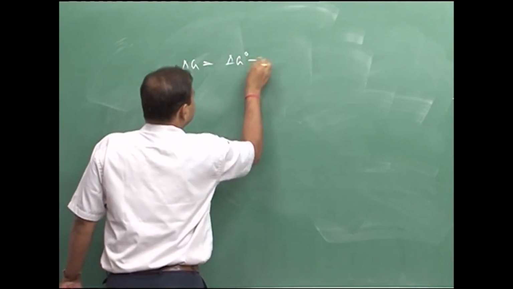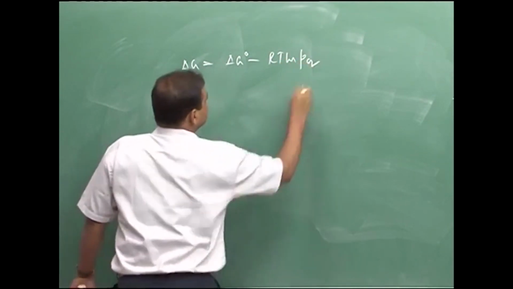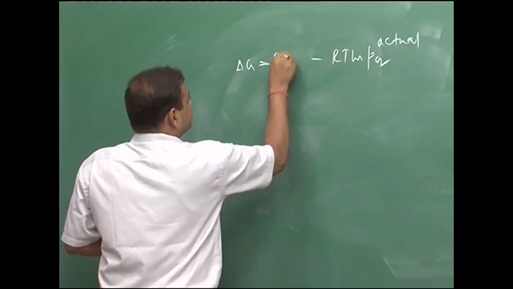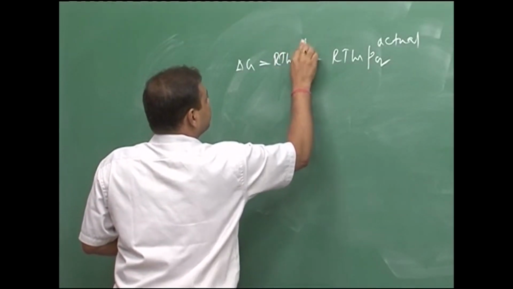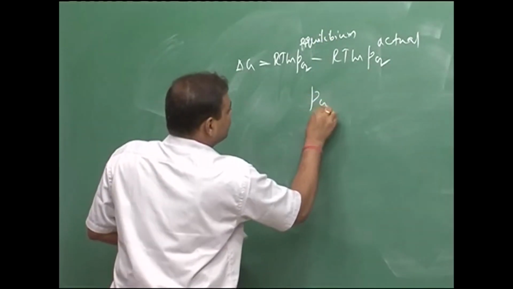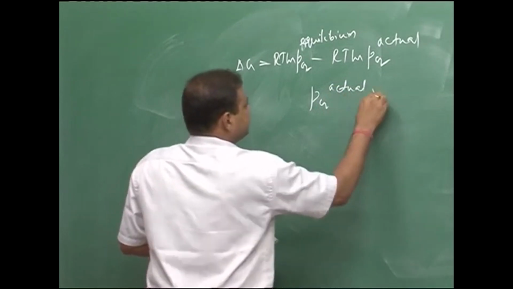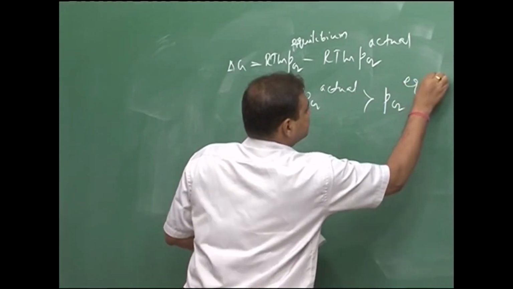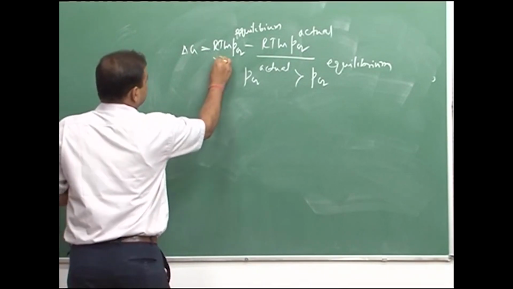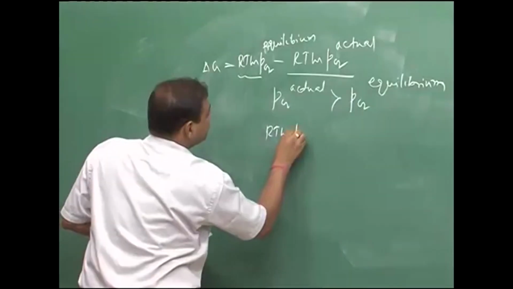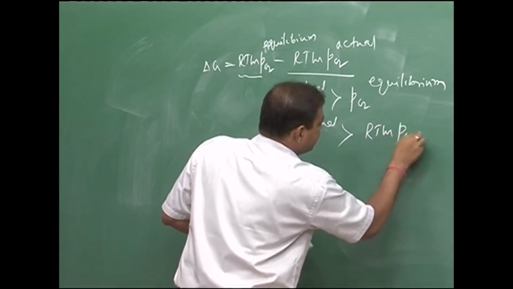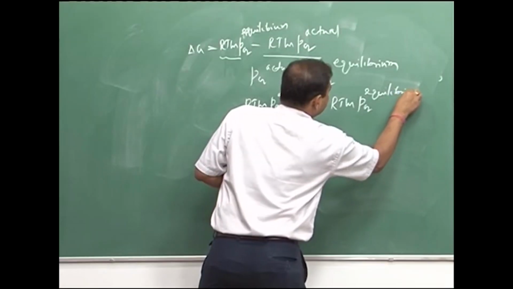Now, if we consider this equation, minus RT ln PO2 actual, and replace this part with RT ln PO2 equilibrium, since PO2 actual is greater than PO2 equilibrium, RT ln PO2 actual would be greater than RT ln PO2 equilibrium.